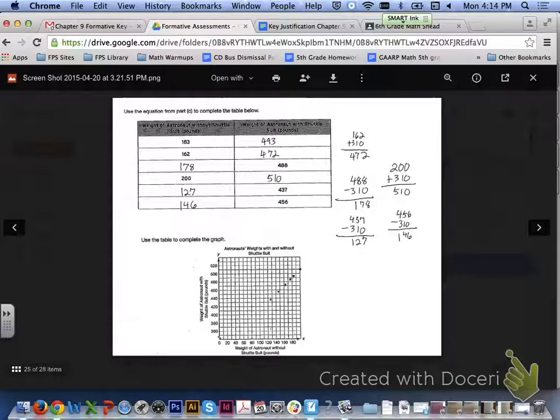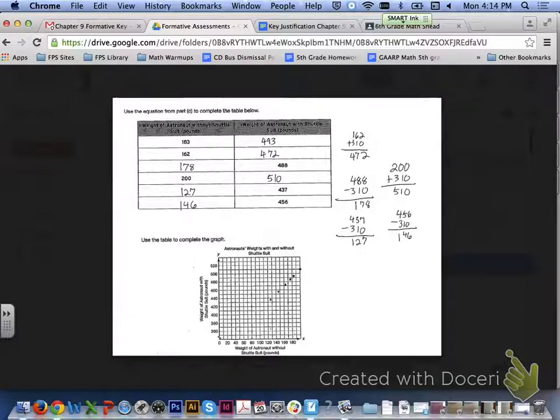For the next section, use the equation from part C to complete the table below. So if you're given the astronaut's weight, you can see my work, you just have to add that to 310 to get the total. So 162 plus 310 equals 472 pounds total. If you're given the weight of an astronaut with the shuttle suit, you have to subtract the constant.